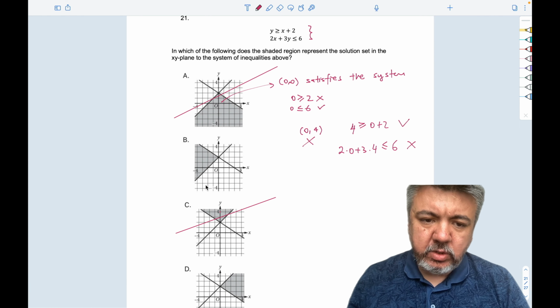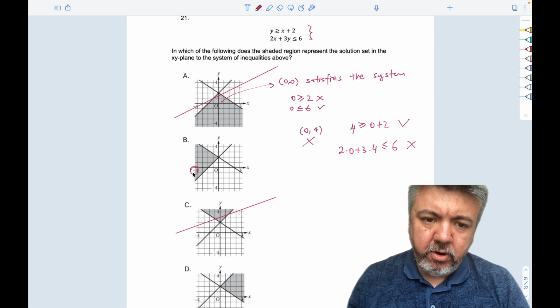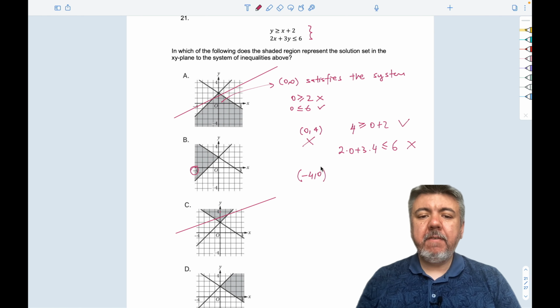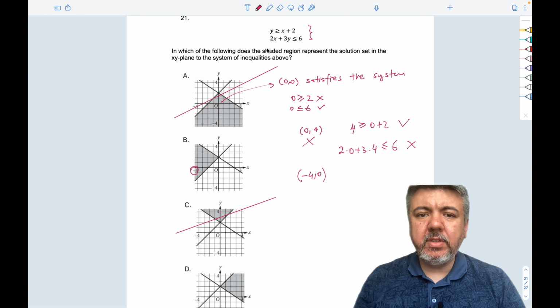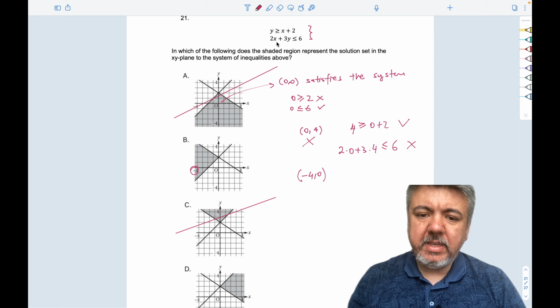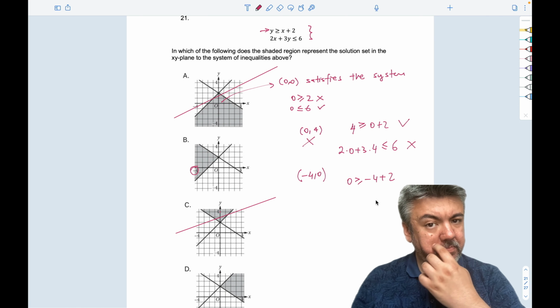I can check it this way, like -1, -2, -4, 0. If -4, 0 satisfies both inequalities, I will choose B. Otherwise, I will choose D. Let's see. The first inequality: substituting 0 into y, greater than -4 plus 2.